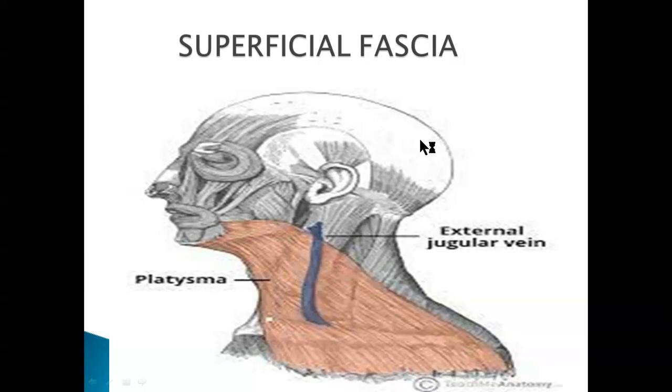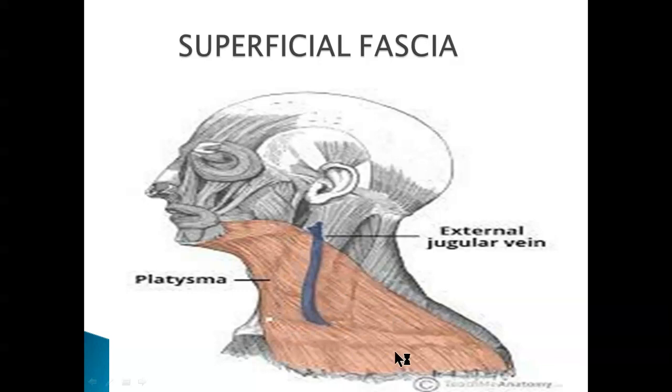Now, after covering the skin, below skin we have superficial fascia. The superficial fascia has the areolar tissue. Here we can see the superficial fascia, and here we can see the muscle. This is a very thin, broad muscle in the anterior neck and the side of our neck region.